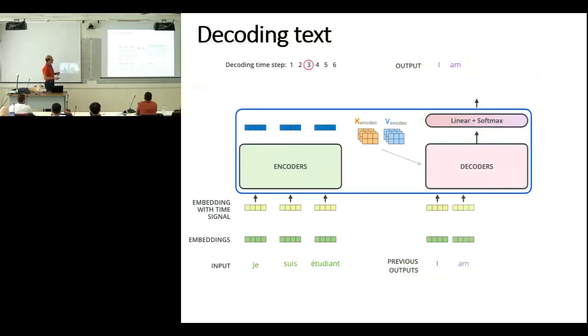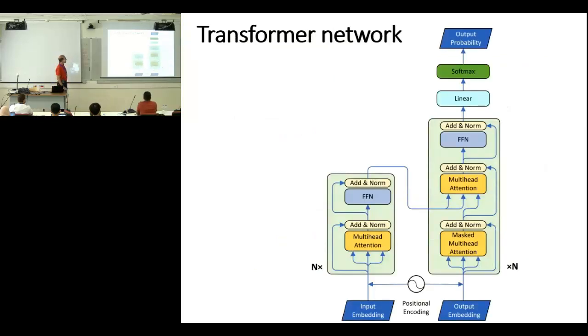Again, the decoder is autoregressive. It produces one word, in our case in speech one frame at a time, so it needs this one as an input to produce the next one, and so on. And now this is the whole transformer network, which is used in language translation from one language to another.